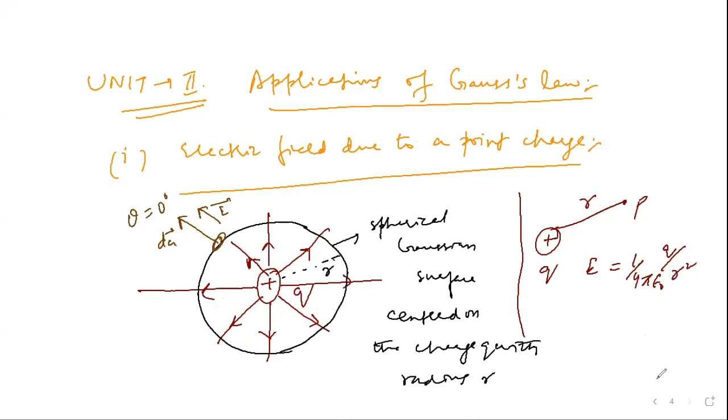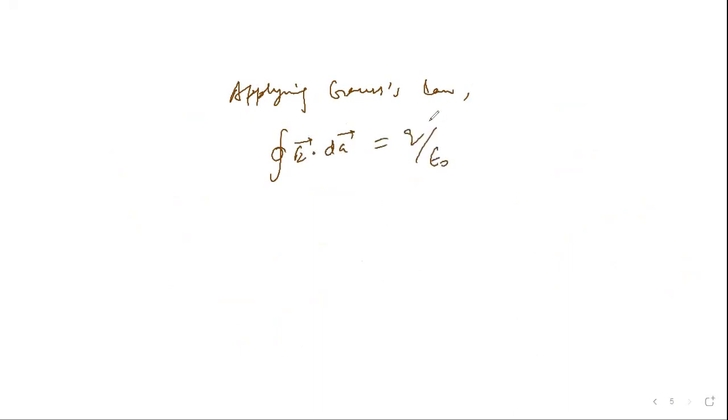Now applying Gauss's law. Gauss's law says net electric flux through the Gaussian surface is Q by epsilon naught. Q is net charge inside the Gaussian surface. Now, what is net charge inside my Gaussian surface?